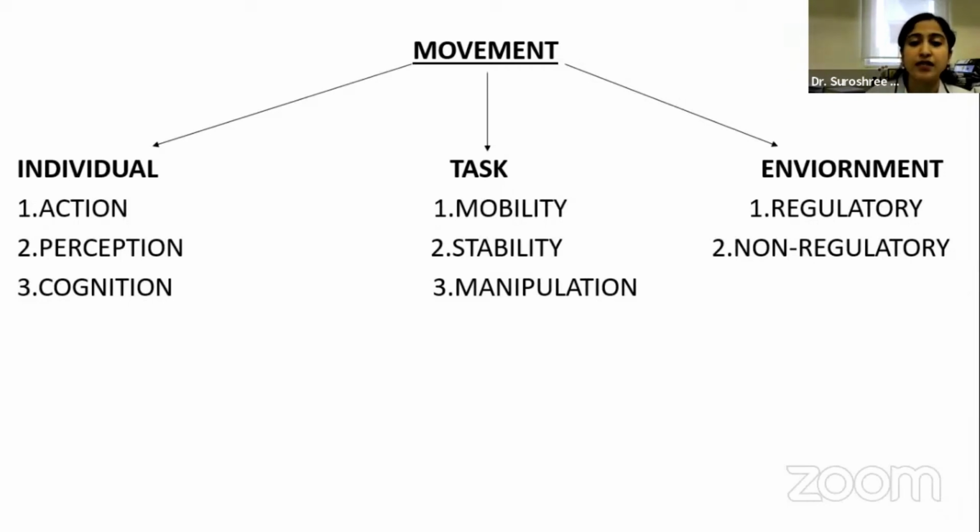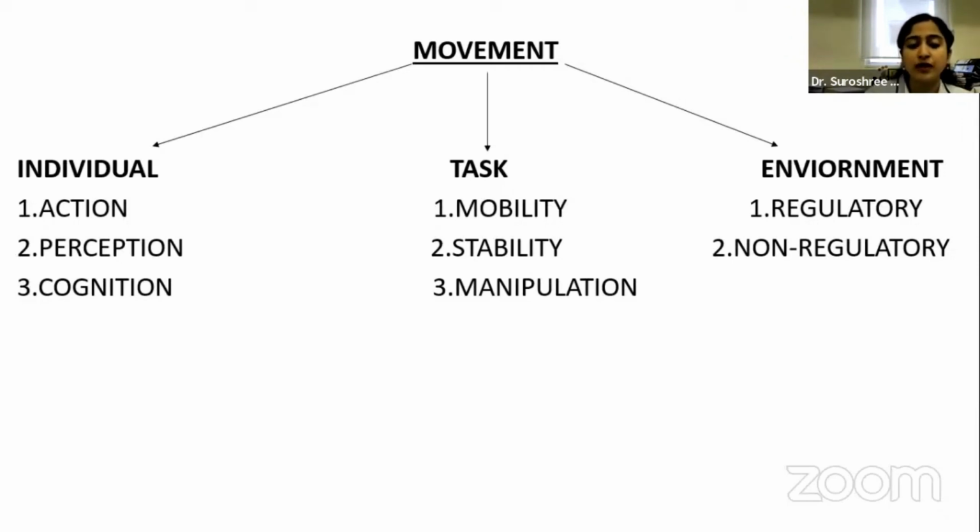Parents usually come and complain that my child is not able to walk. But when you assess, range is complete, strength is normal. So where is the problem? The problem is the perceptual part or the sensory part. They are not able to perceive their own body. They are not able to perceive the environment. They are not able to perceive what action they need to do, because of which movement is getting hampered.